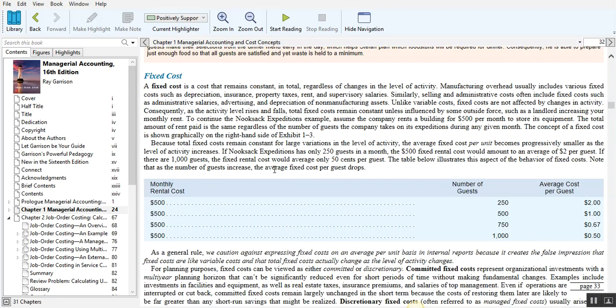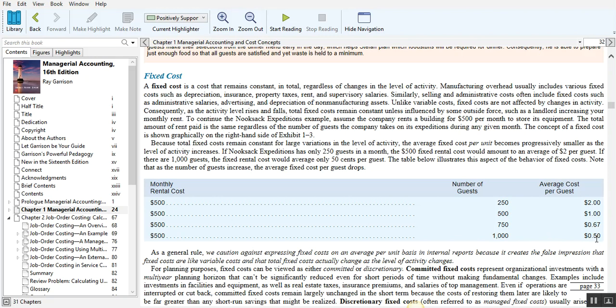So this is the same company. They're renting a space in a building. They have a number of guests that come through. What will change in this is not necessarily the cost itself, but the more guests they serve, the less the cost is per guest.